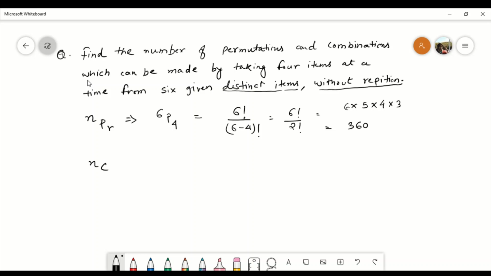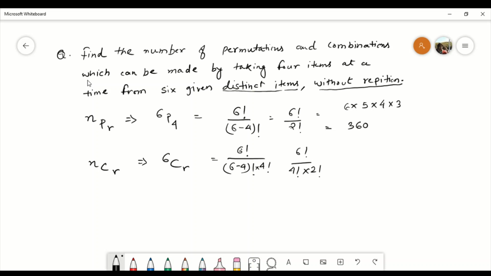And what is the number of ways to select r items from n items? In this case, this is 6Cr, which is 6 factorial by 6 minus 4 factorial into 4 factorial, right? Just 6 factorial by 4 factorial into 2 factorial, right?